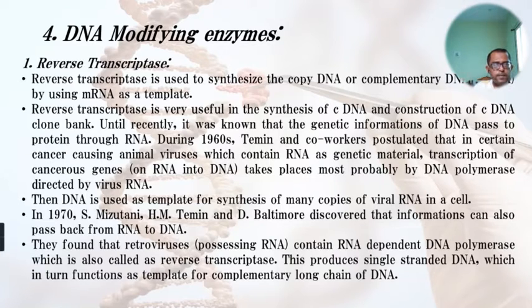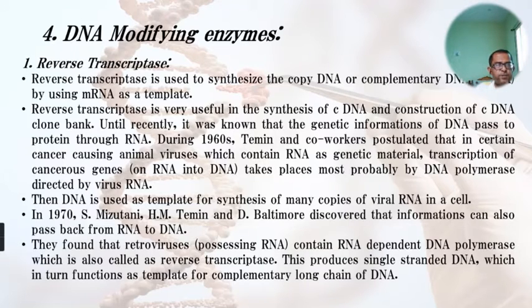So they found that in these cancer-causing RNA viruses there is an enzyme which converts their genetic material into the DNA molecule, and this DNA molecule generated from the RNA is used as a template to synthesize multiple copies of viral RNA in a cell.